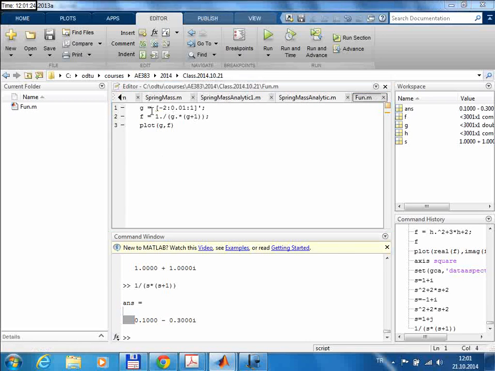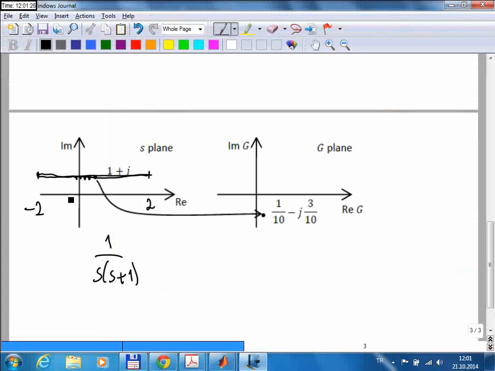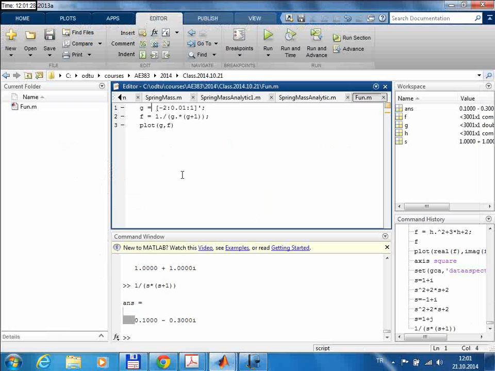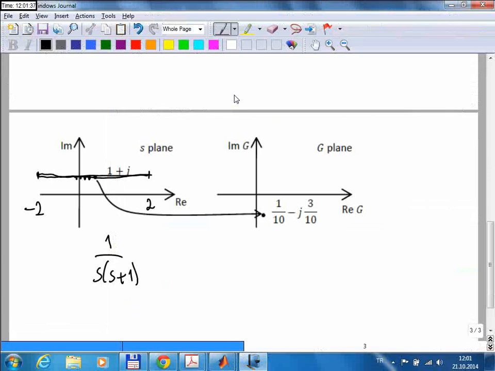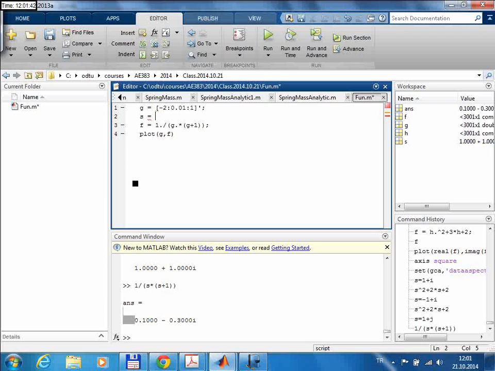So the real part goes from -2 to +2. This is that vector with this increment, and my s variable also has a constant imaginary part of j. So let me define s as g plus j. Okay, and let me calculate the value of the function for that s vector.